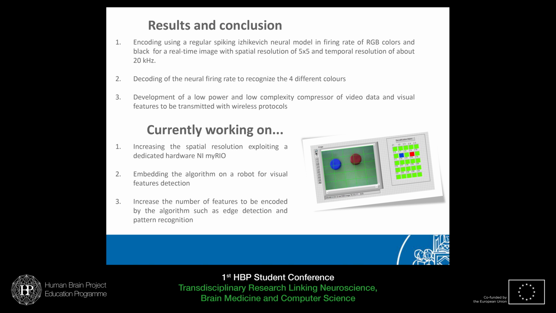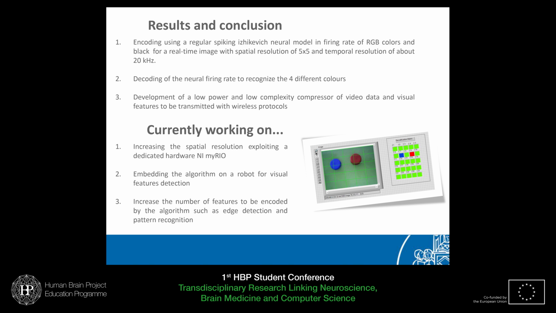Right now we have reached some conclusions. We can encode red, green, blue and black colors in real time from the image, with a spatial resolution that we are now working on and increasing. For now, in the demo there is a 5x5 grid superimposed on the image, with a temporal resolution of 20 kilohertz, which is biologically plausible for the number of neurons that we are currently using.